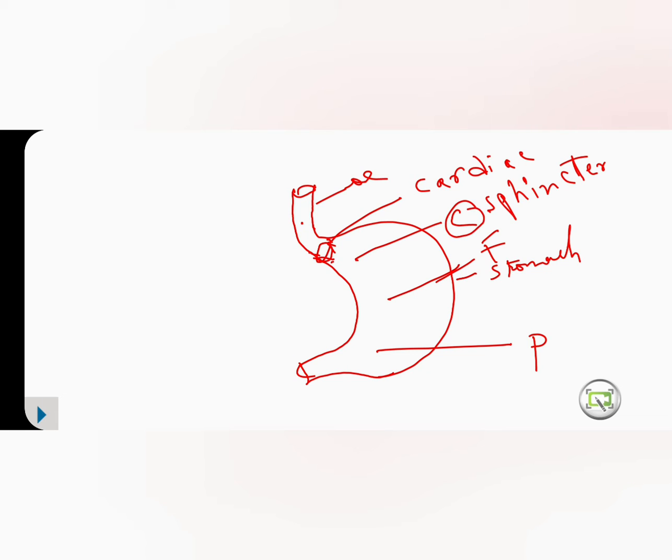So cardiac stomach, fundic stomach and pyloric stomach. So the valve present between esophagus and cardiac stomach is called cardiac sphincter. So we can keep it in memory easily. Thus, by passing through the esophagus, the food bolus enters into stomach through cardiac sphincter.